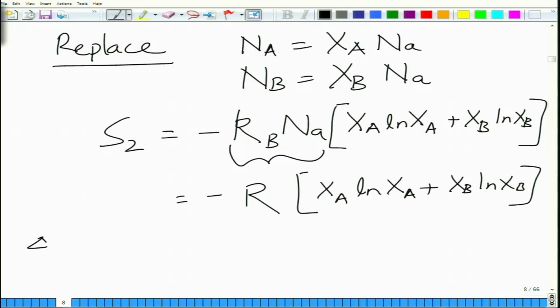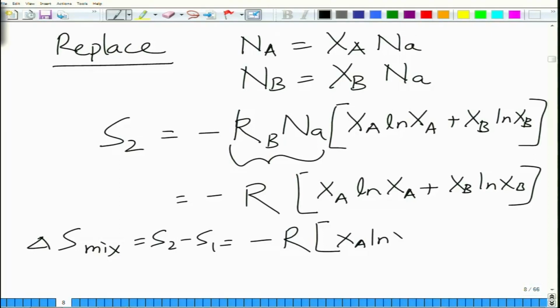As a result, delta S mixing will be nothing but S2 minus S1, and S1 was equal to 0, and this will be minus R (Xa ln Xa plus Xb ln Xb).